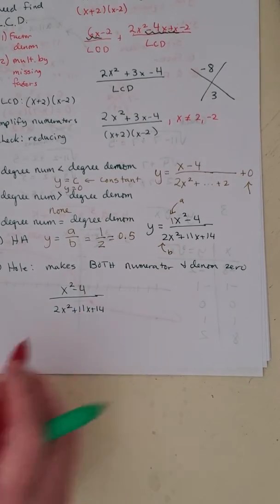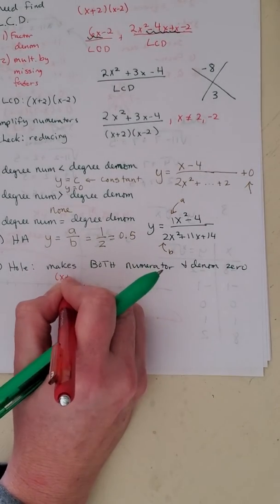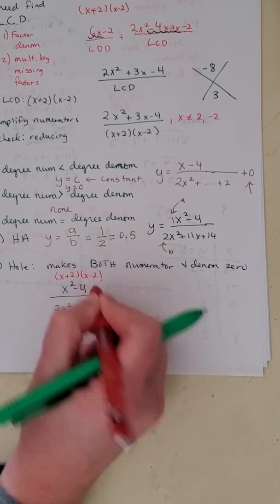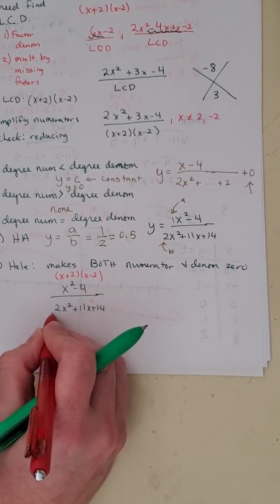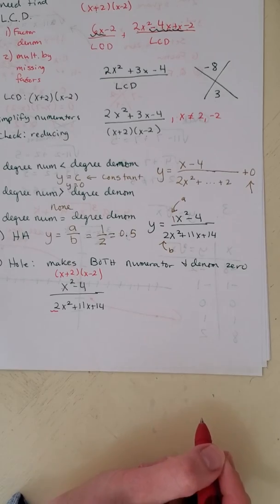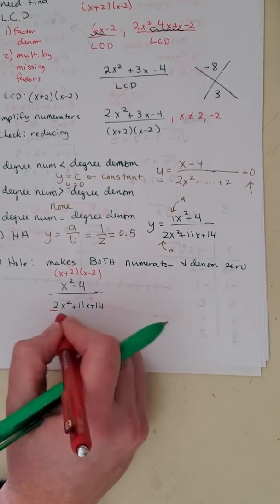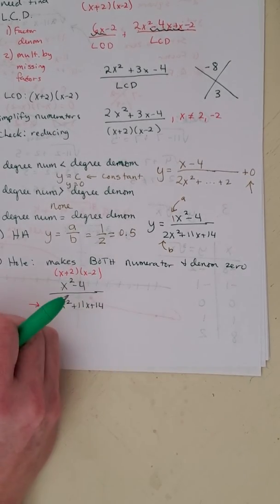All right, so when we factor the numerator, it's a difference of squares, which is x plus 2, x minus 2. When we factor the denominator, I want you to notice we have a leading coefficient. So we're going to have to factor by grouping.